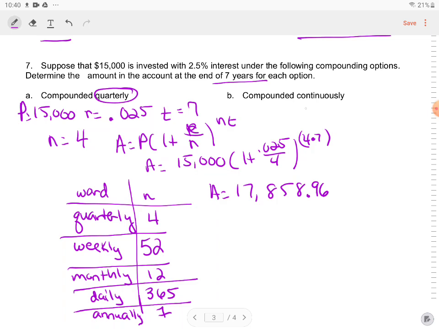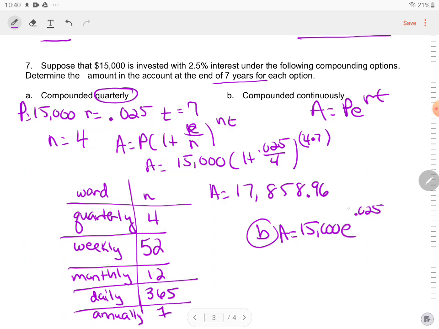So B is compounded continuously. Your formula is P E to the RT. So I'm going to work B down here. So A equals 15,000. And then we're going to use E to the 0.025 times 7. And I am sorry about the time sign. I just feel like we need to see that. So times 7. So 15,000 E, the 0.025 times 7.